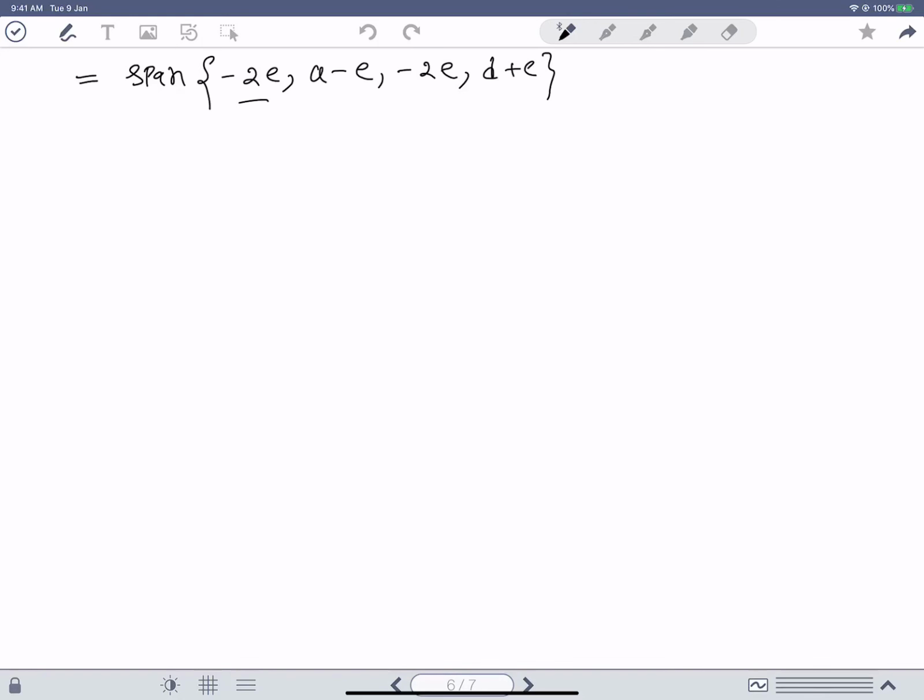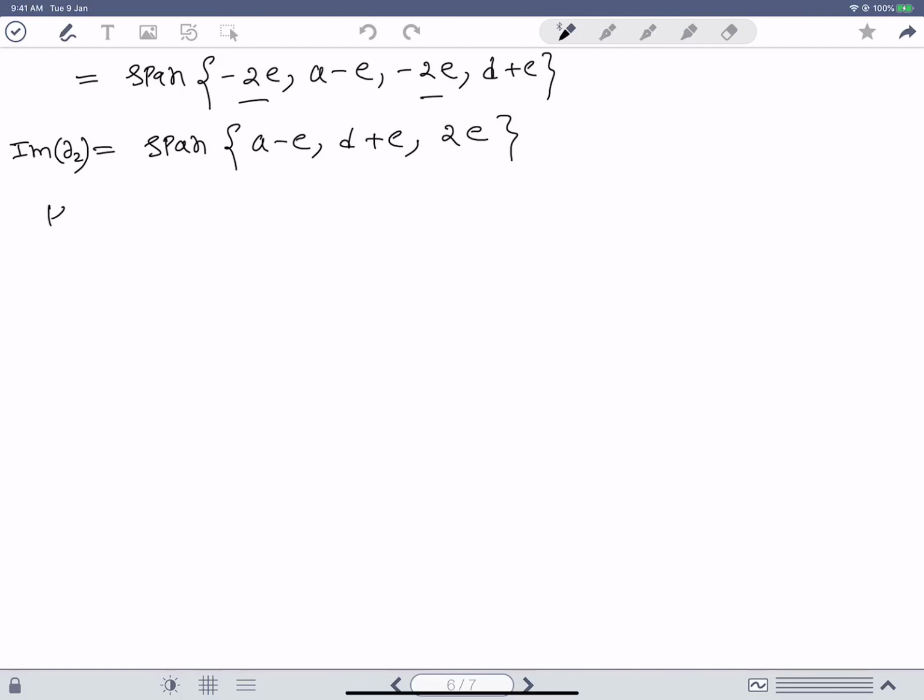Now since we have 2 of 2e, then we can remove 1, that means it is a span of a minus e, d plus e, and also you can just write 2e. Okay, so this is my image of del 2.